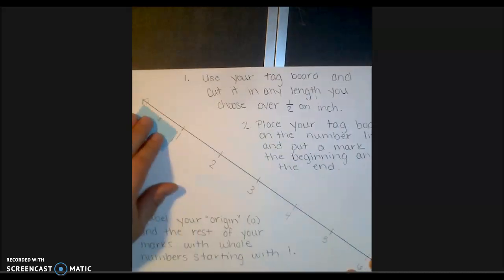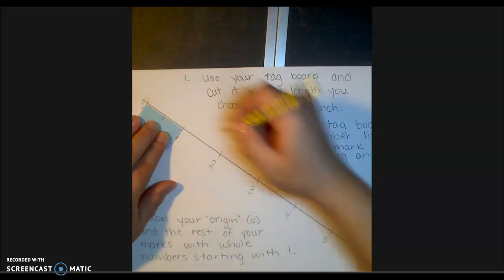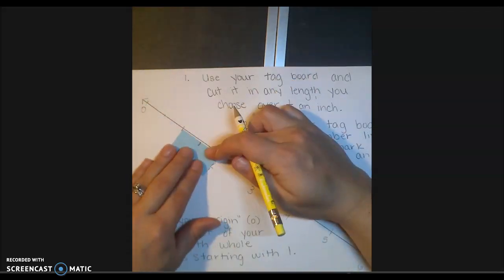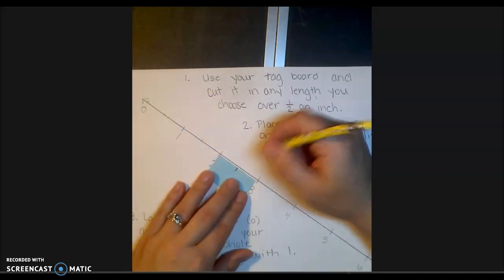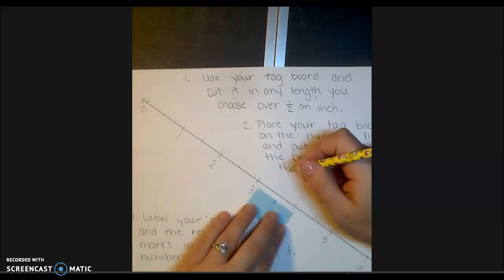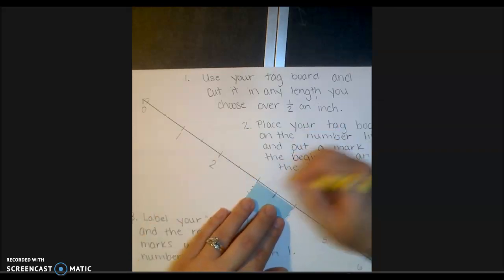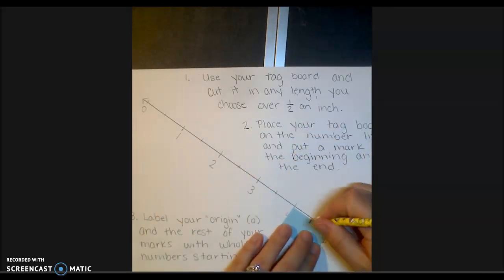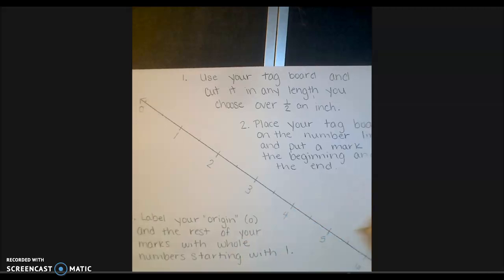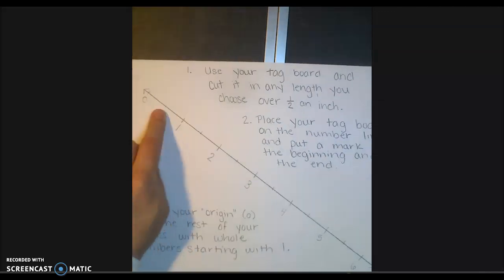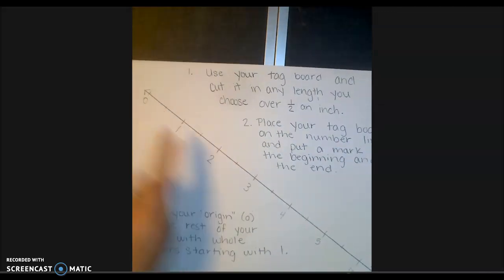And the next thing I'm going to do is separate my number line into halves. So our number line, we have our whole numbers, and then we split them all into halves.